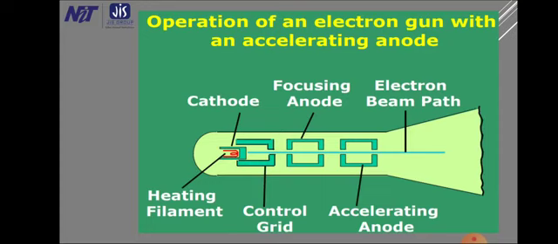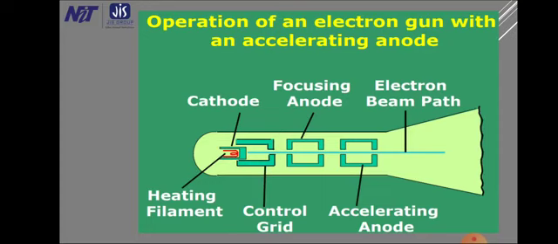The other two parts are the focusing device and the accelerating anode. The structure and design of the CRT varies from one type of device to another, but typically you have a cylindrical structure for the focusing device. Both of these cylindrical devices, the focusing anode and the accelerating anode, are positively charged, unlike the control grid.